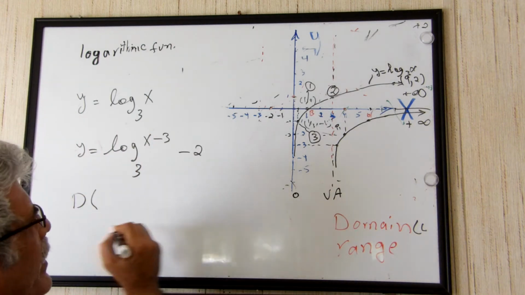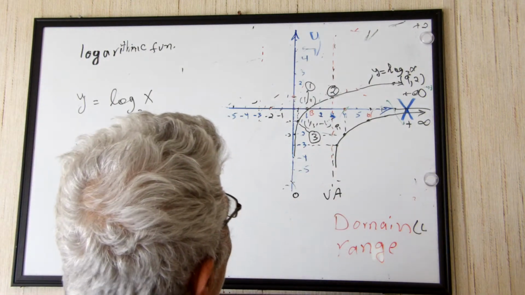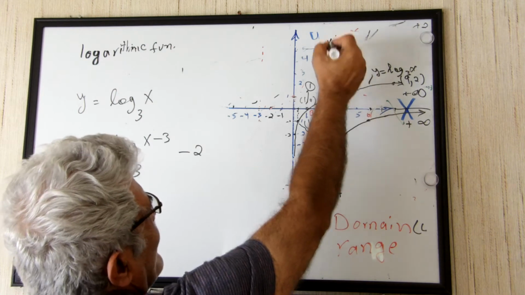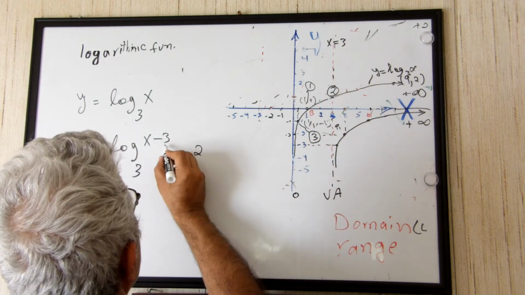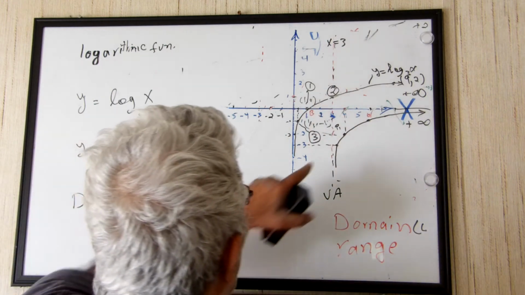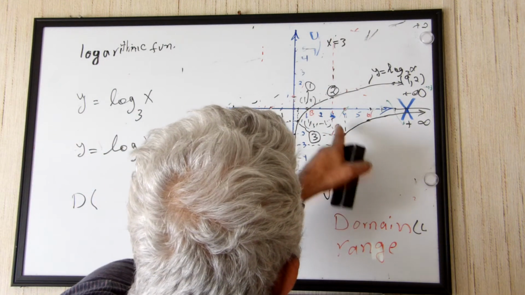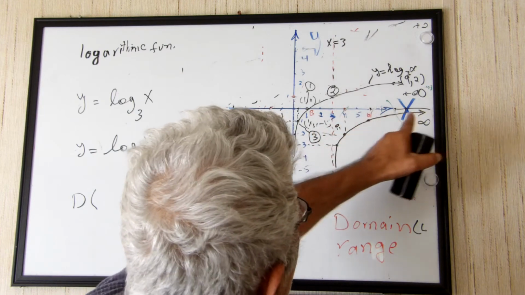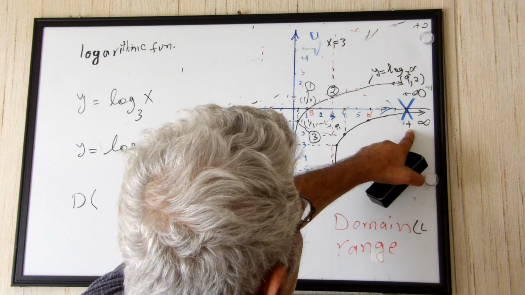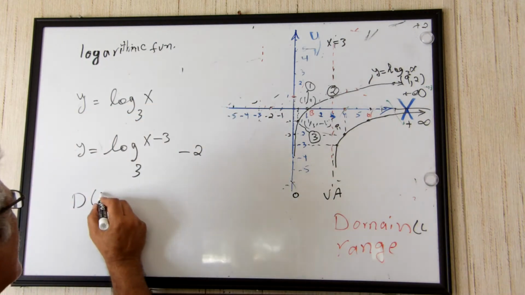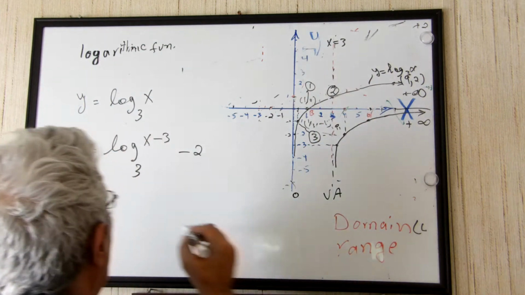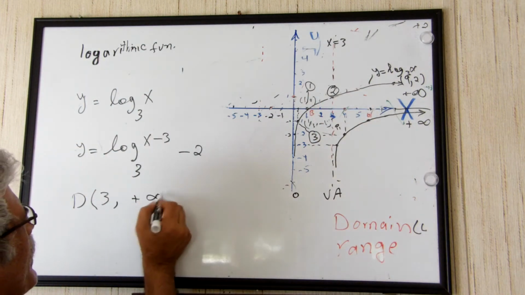What is the domain? All the values that x can get start from 3, because x equal to 3 is a vertical asymptote. You set this one to 0 and you find the vertical asymptote. So the value of x starts from 3, not included, because it's a vertical asymptote, to plus infinity.